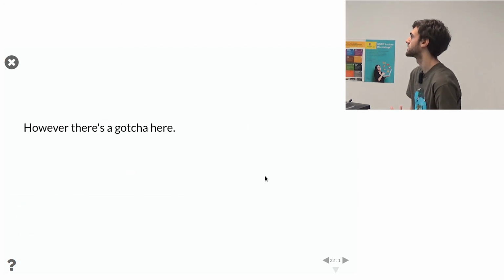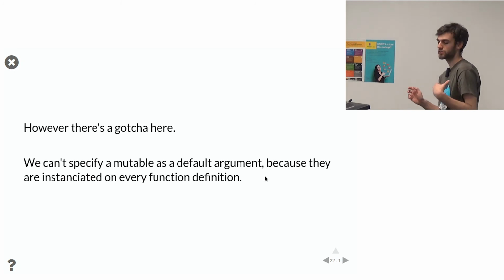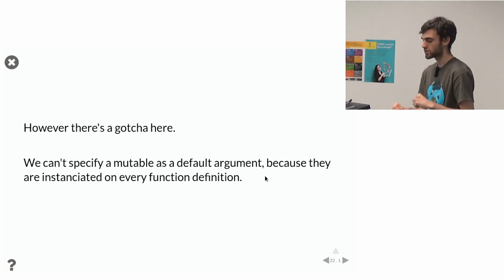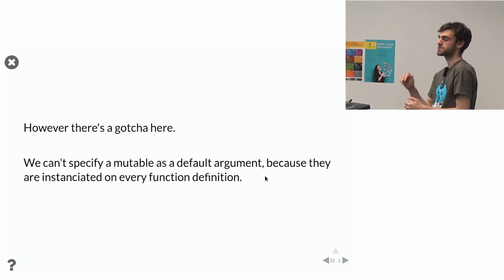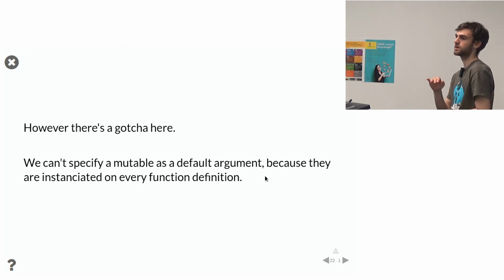There's one problem though with this, which is you can't specify a mutable as a default argument, because what ends up happening is the function gets instantiated with that default argument, and so every call of that function will use that same variable.